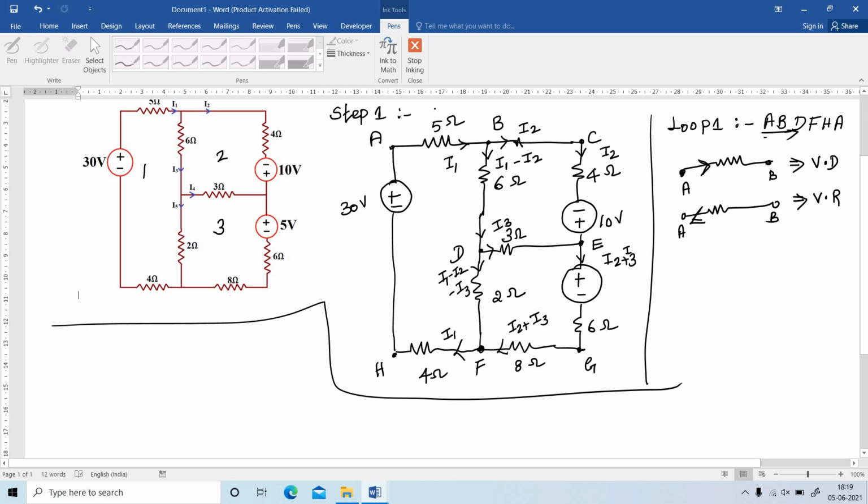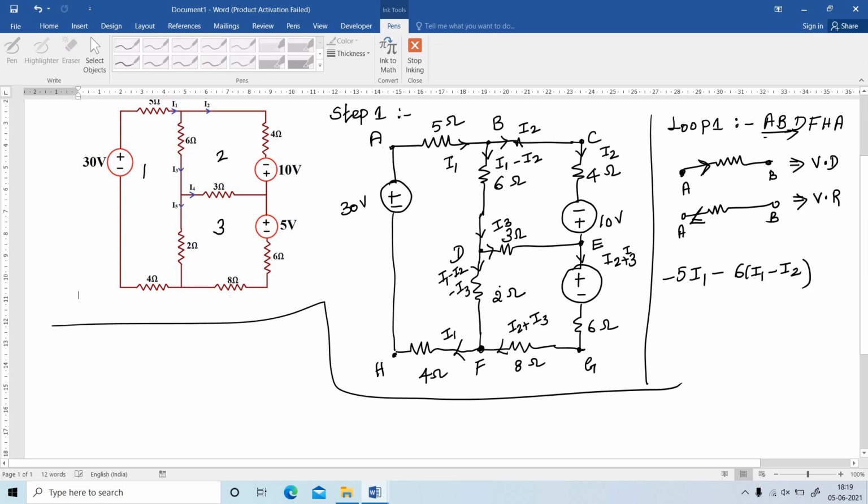First of all, consider the 5 ohm resistance. Using Ohm's law, V is equal to IR. Is this a voltage drop or voltage rise? This is a voltage drop, so minus 5 I1. And see, the branch direction and loop direction are both the same, so it is minus 6 into I1 minus I2.